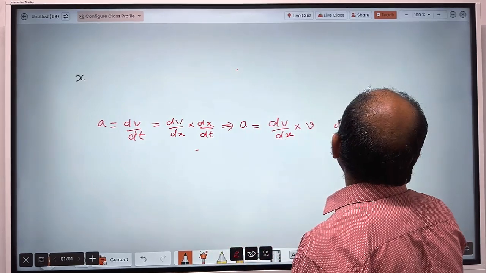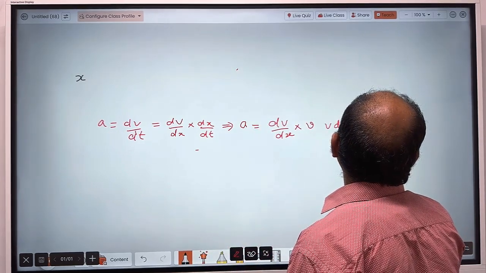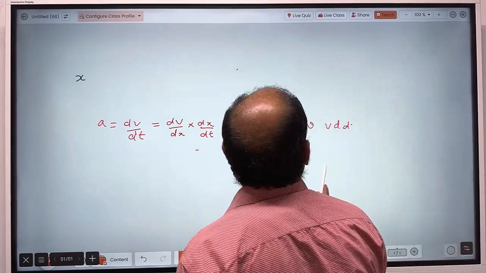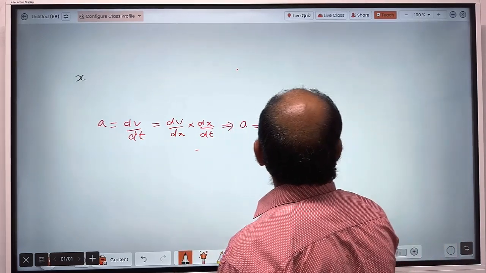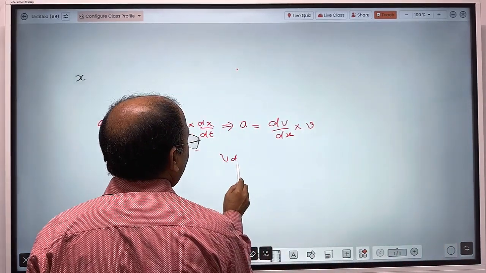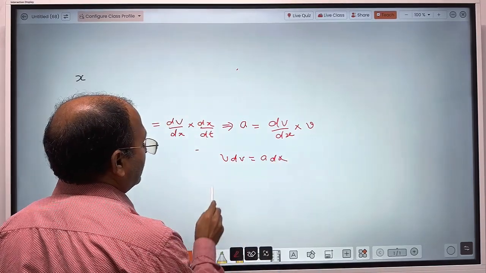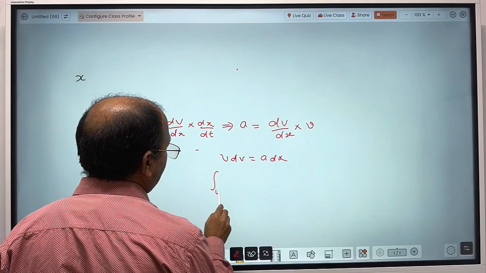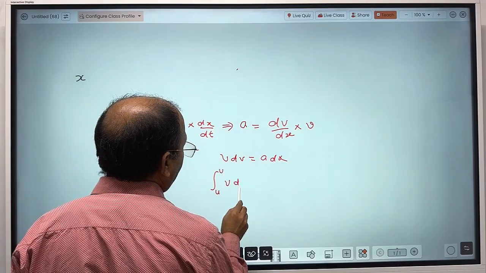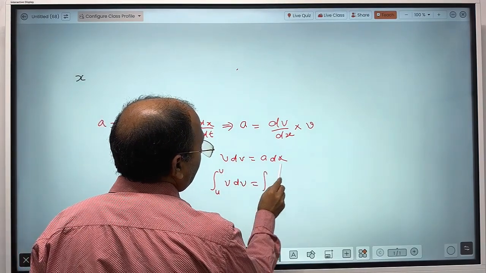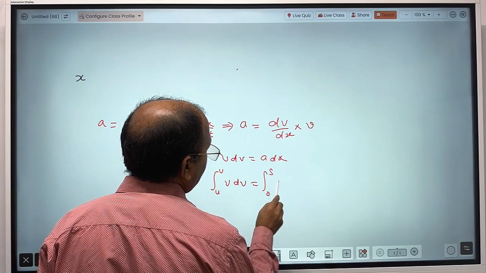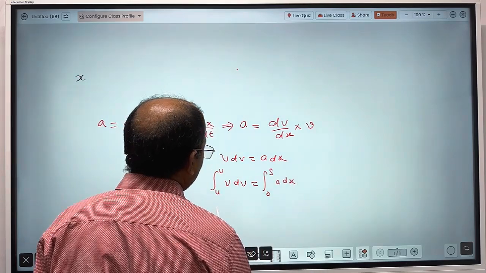We keep v and dv on one side, so v dv is equal to a dx, and we integrate it within limits. Velocity changes from u to v. v dv is equal to, distance changes from 0 to s, a dx.